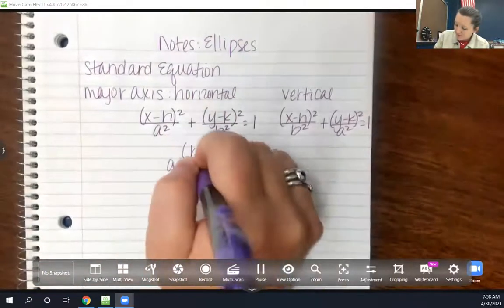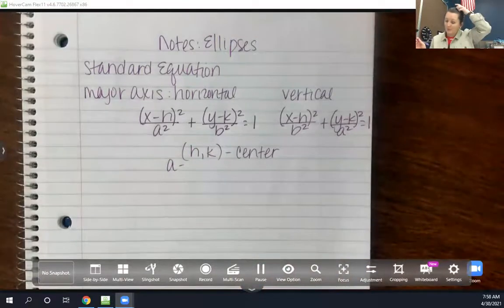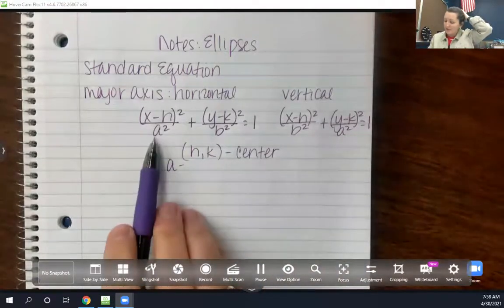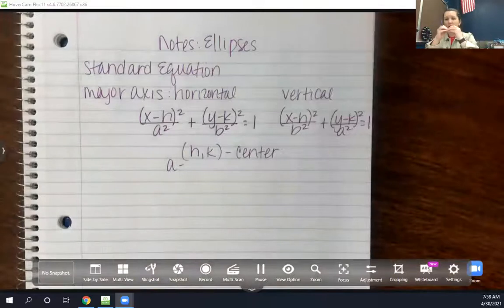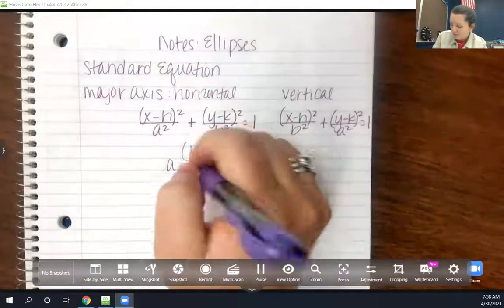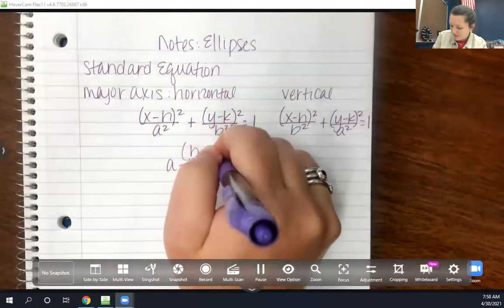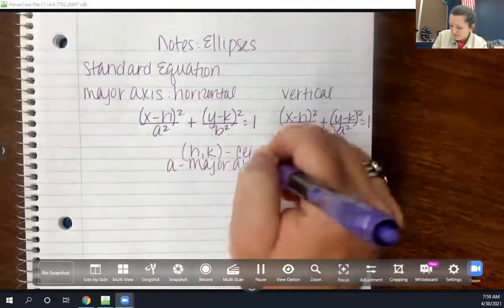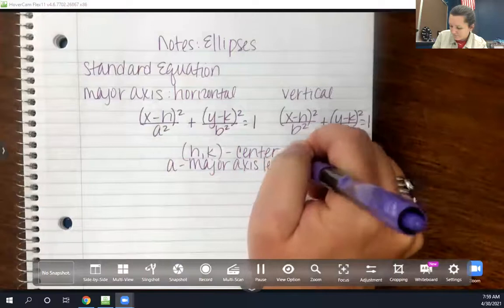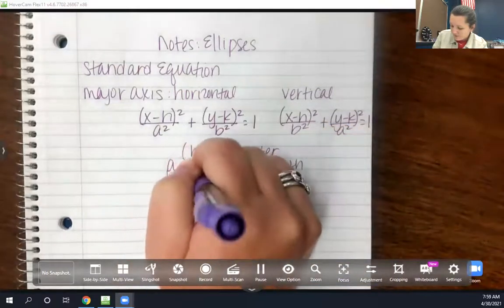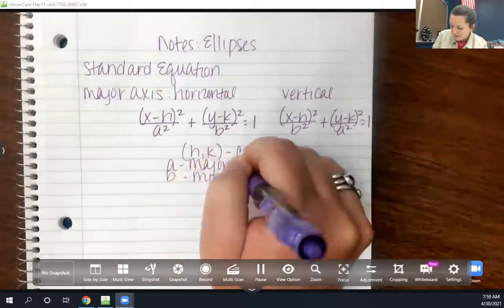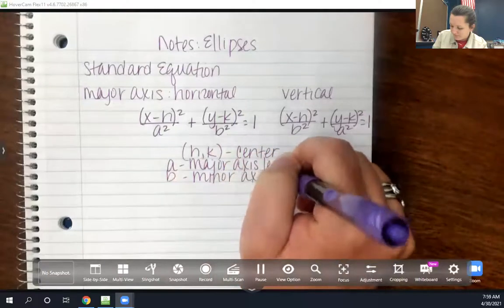So a tells you which way your major axis is pointing. Here, where a is under your x value, you can know that a is the longest length for your axis, and so it's going to be horizontal. So I'm going to write here that a is your major axis length, and b is your minor axis length.